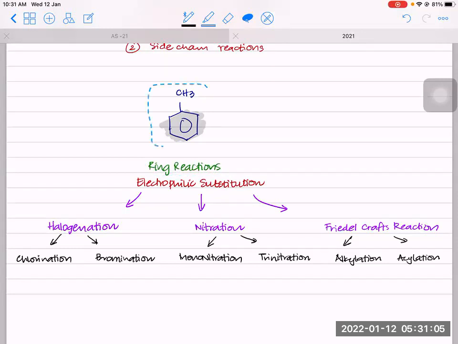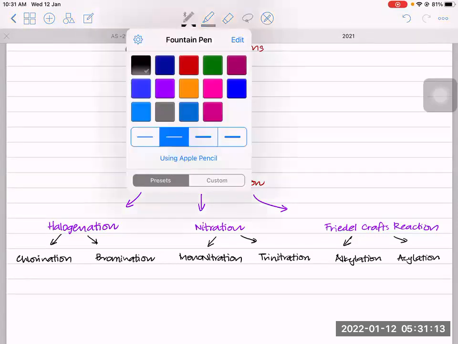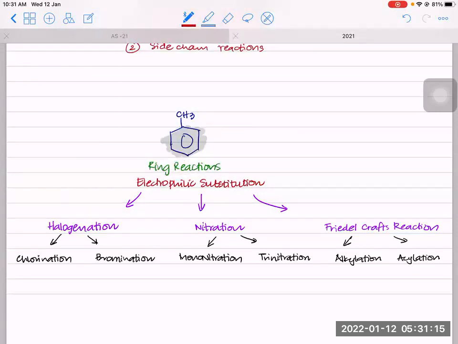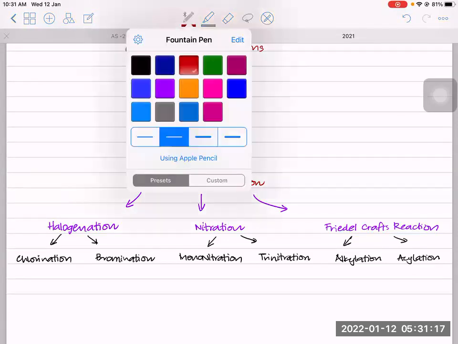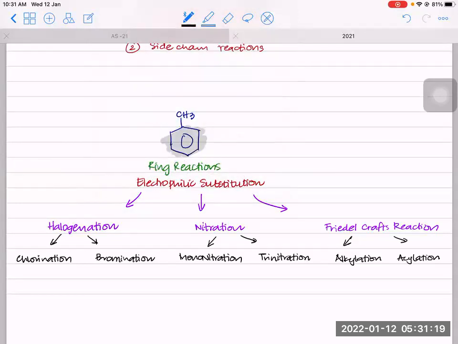Now you also have side chain reactions. So let's see the side chain reactions. The side chain is an alkyl side chain, or a CH3. So the side chain reactions include oxidation and free radical substitution.